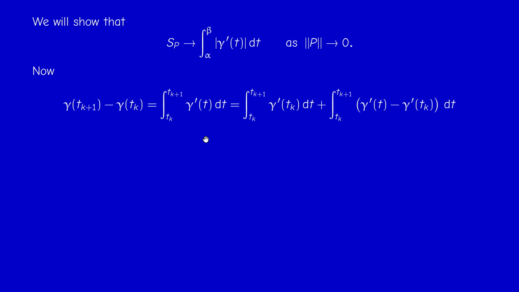I add and subtract gamma prime of Tk, right? The first term, gamma prime of Tk, is constant, doesn't depend on T, so I can put it outside, and then I am left with the integral from Tk to Tk plus 1, which is just the difference between the bounds, which is just delta Tk. Right?